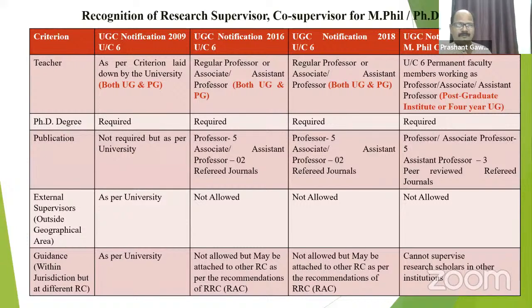Another clause is of the postgraduate institute or 4-year UG program, right? The institutes that run PG courses, the postgraduate institute, that means all the courses under this institute should be PG, or under a single subject there should be two different programs, one program as an undergraduate program and another as a postgraduate program.